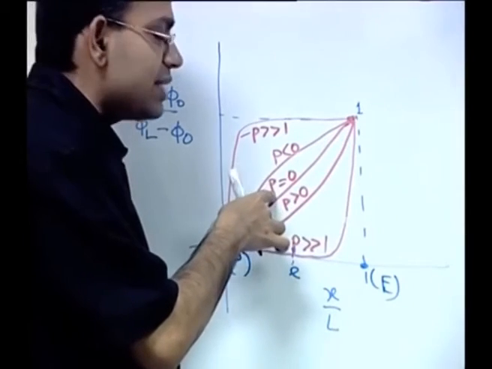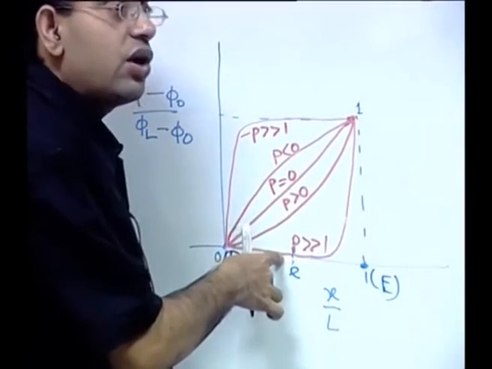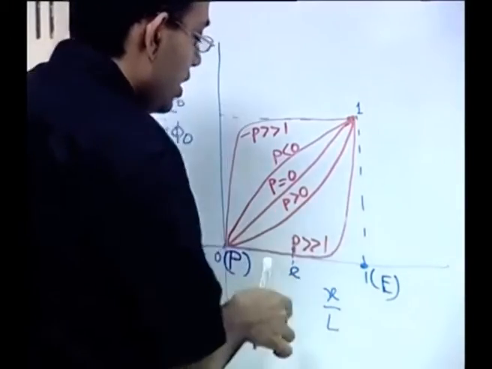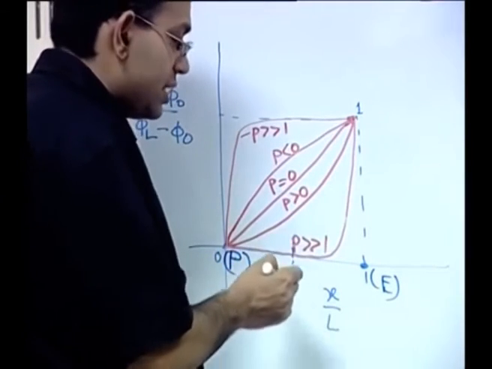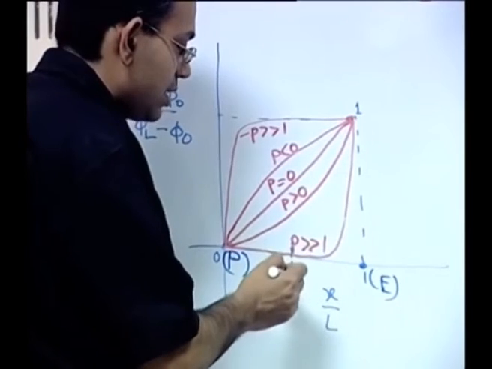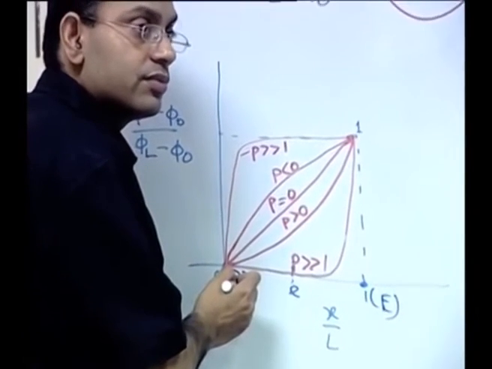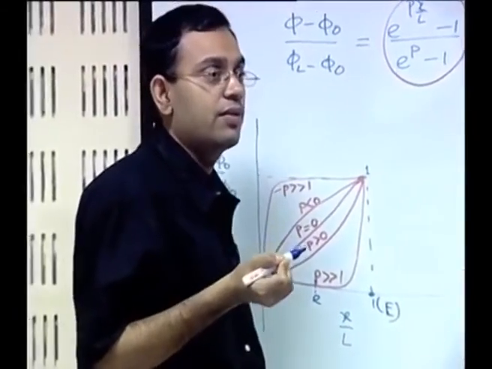So, one limit is negligible advection, another limit is very strong advection, and when there is very strong advection, you see that the sum total of the flux, the advection flux and diffusion flux gives phi small e equal to phi capital P. This is considering both advection and diffusion.